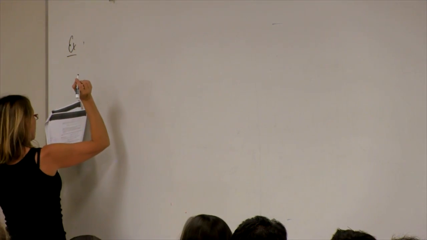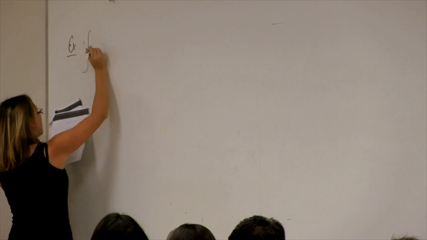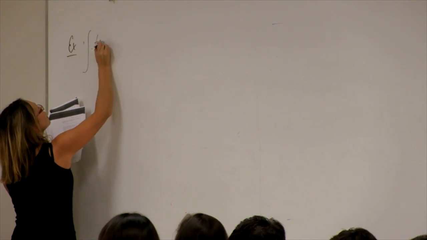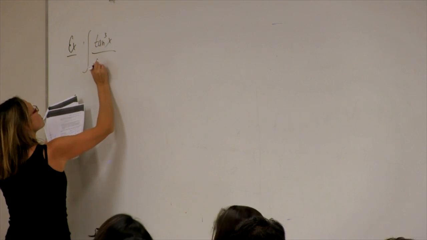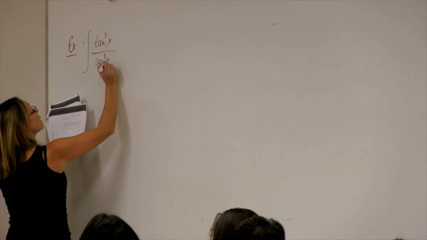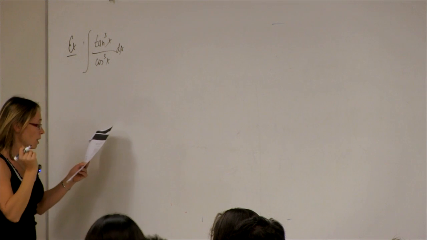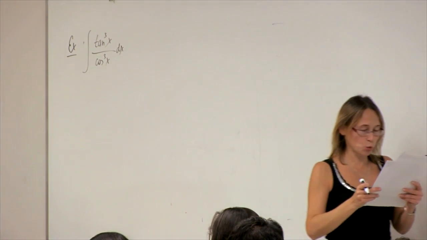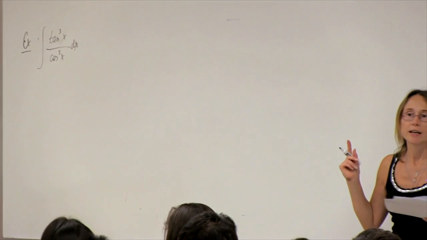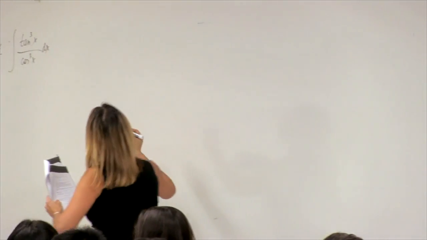Let's consider the following: tangent cubed x over cos cubed x dx. So this one, there are two ways of doing it, okay? And both come from the first step, which is simplify. We are going to rewrite it in two different ways.